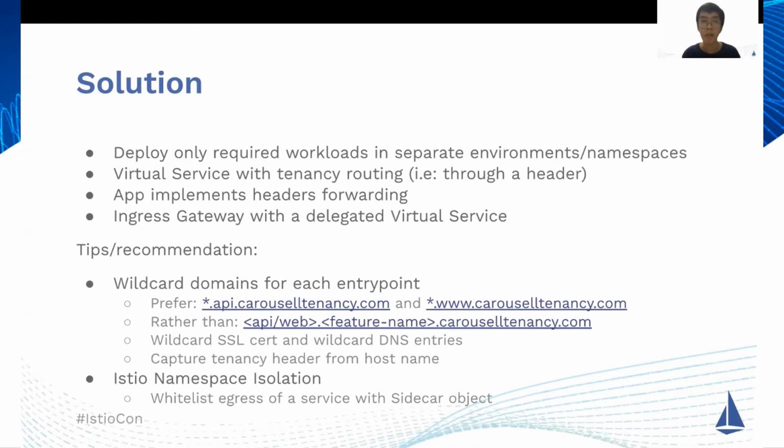And then with the help of the virtual service, we do the tenancy routing via a specific header. Here in Carousel, we use C-tenancy as the header name. Our services or our app need to implement the header forwarding, which forwards the C-tenancy header from the incoming context to the outgoing context.